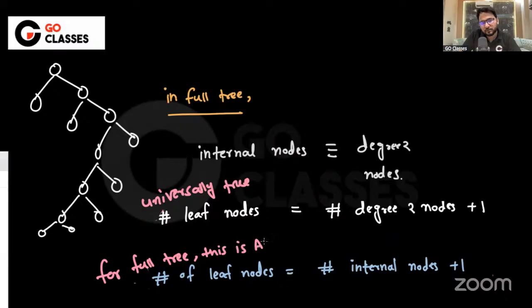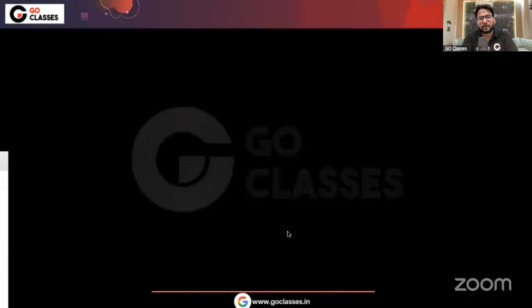I hope you understood. So now we know one theorem, which is a very simple theorem, and I hope you won't make any mistake in it. Let me know if there is any doubt.